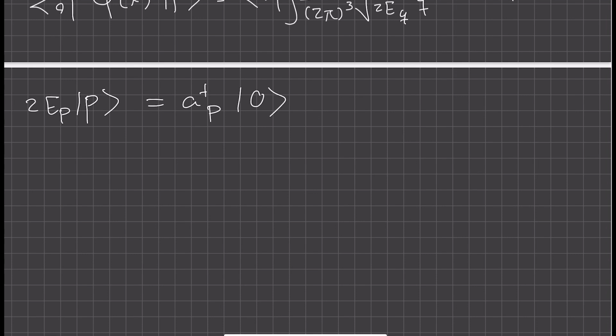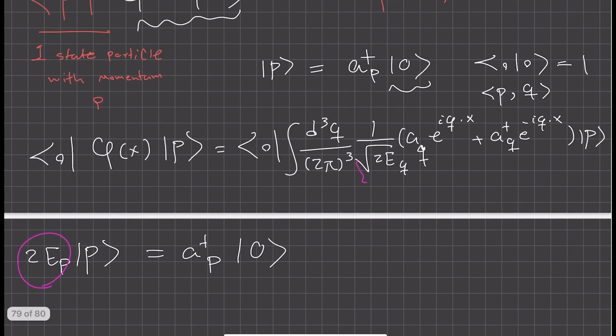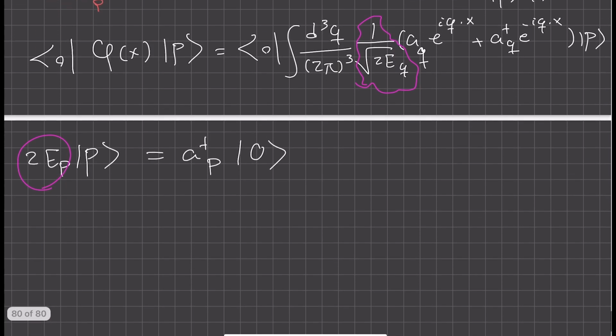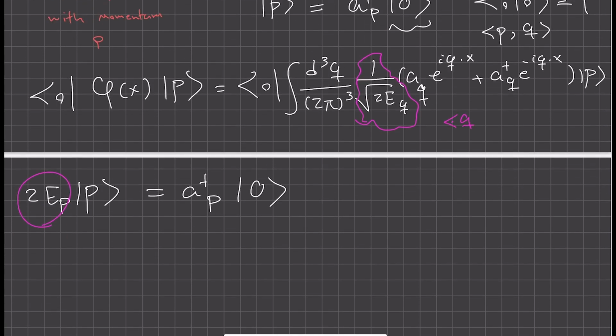So I need to put this normalization constant beside that to create a proper coefficient to cancel out these energy states, and that's why this is going to affect the concept of inner product between the two states P and Q. This is coming from the fact that if I want to make a proper Lorentz invariant inner product, the inner product that doesn't change with the boost, I need to define a Lorentz invariant operation.